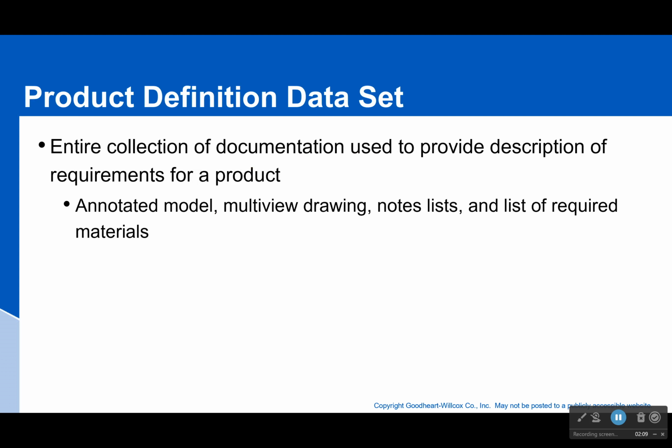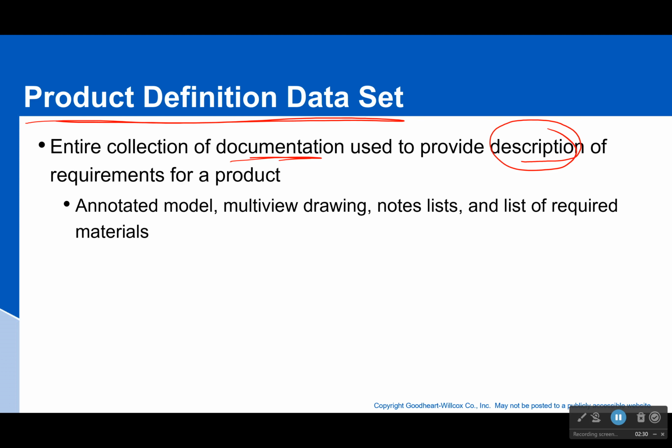Okay, now what are some things that you're going to get when you are doing all this documentation? What are you going to be giving to other people with that exacting terminology? Well, you're going to have a product definition data set. That's the entire collection of documentation which is used to describe the requirements for your product.